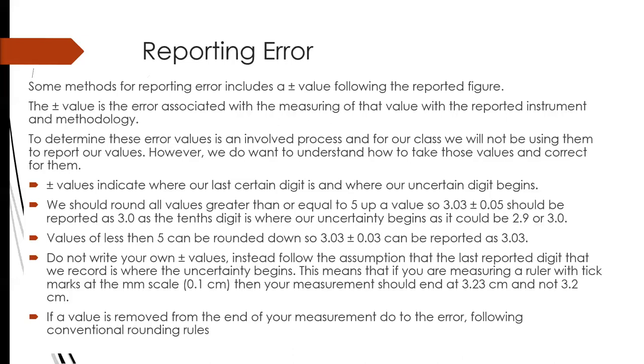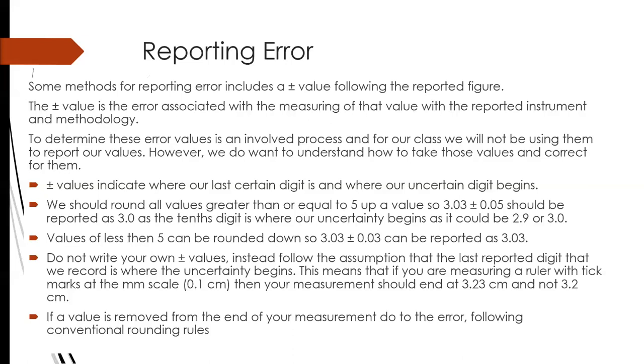So we want to use those general rules of thumb that we've been talking about, where we're going to have our number and the last digit's going to be where our uncertainty lies. And so we're going to have to adjust our values to help show the correct uncertainty. So as an example, 3.03 has this written as a plus or minus 0.05.